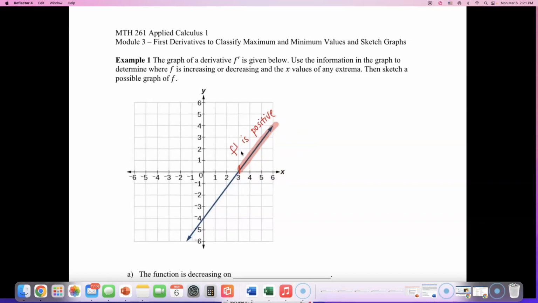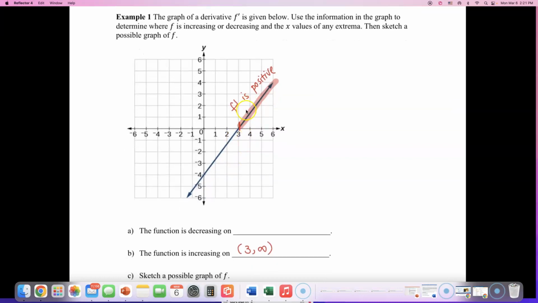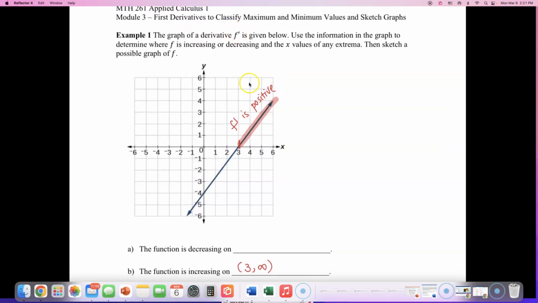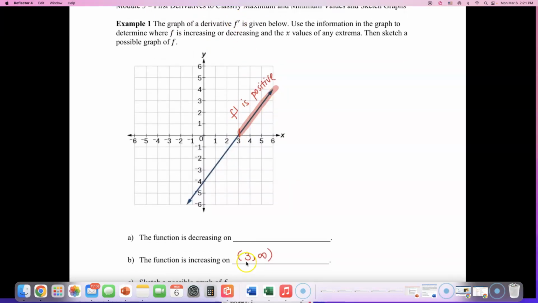So what I get to say is this function is increasing on 3 and on and on and on. Well, why? Because the derivative is positive. I know this piece of the graph that's above the x-axis is positive, and this is the graph of f prime. So when it is above the x-axis, we know the original function must be increasing.